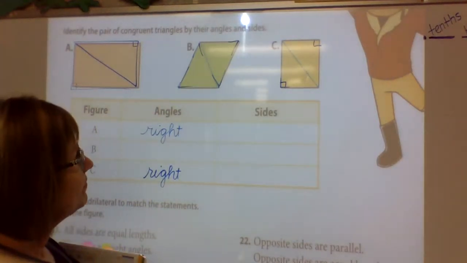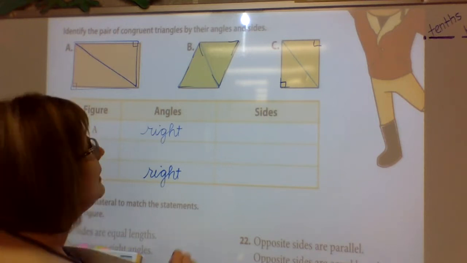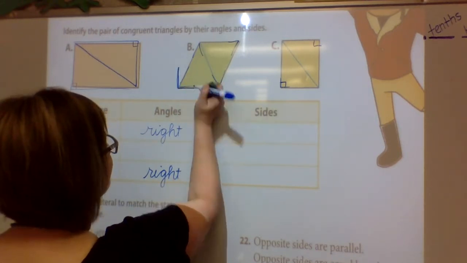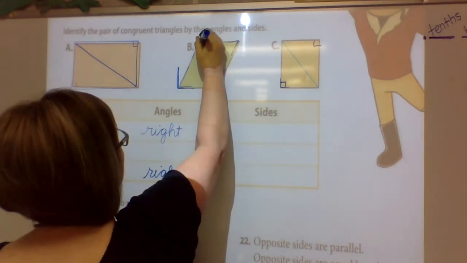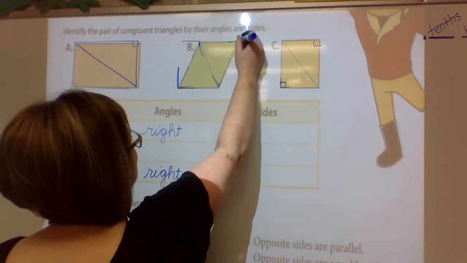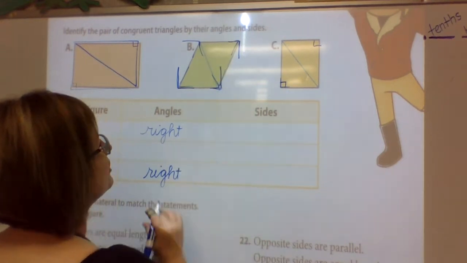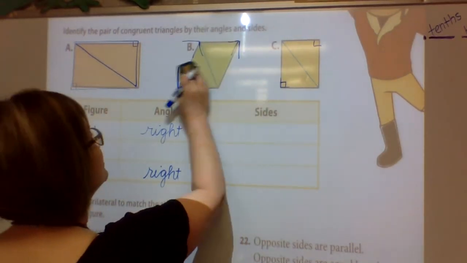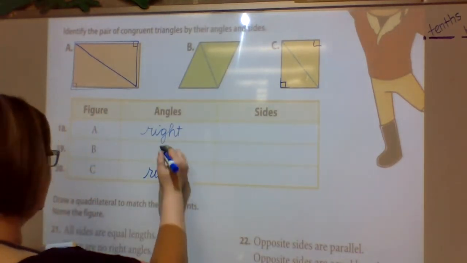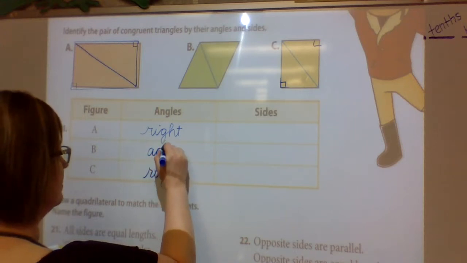No. Are those larger or smaller than right angles? Right angles are like this, and a right angle would be like this, and a right angle would be like that. So they're all smaller than right angles. So we call those acute angles, right?